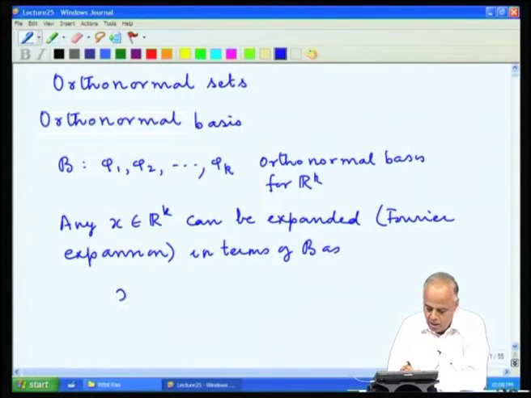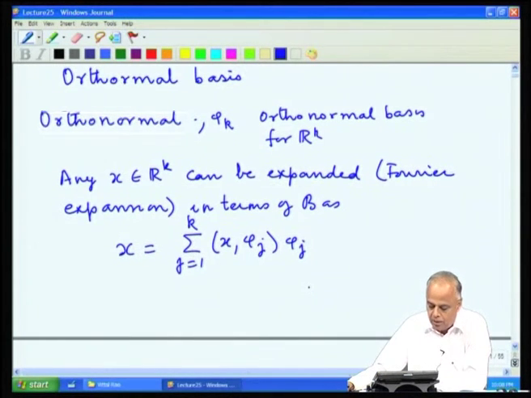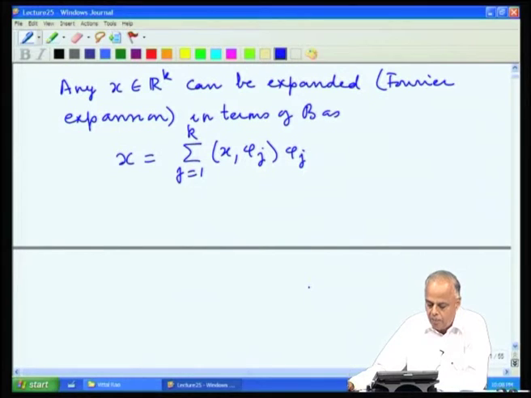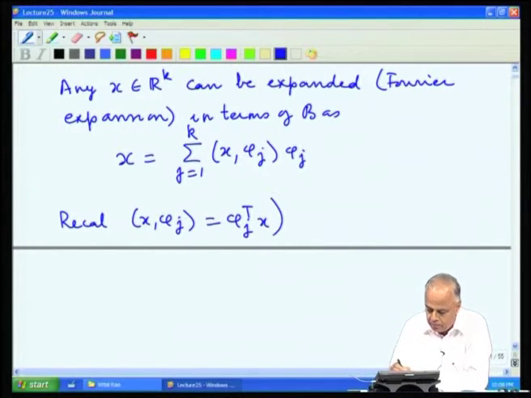It is x equal to the summation over j from 1 to k of (x, phi j) phi j, where (x, phi j), remember, denotes the inner product. If you recall, the inner product (x, phi j) is also the same as phi j transpose x.